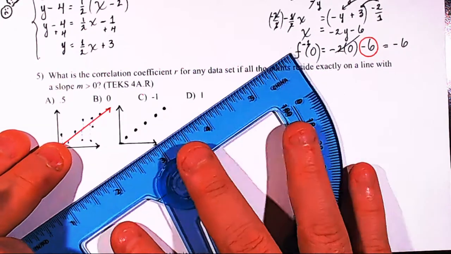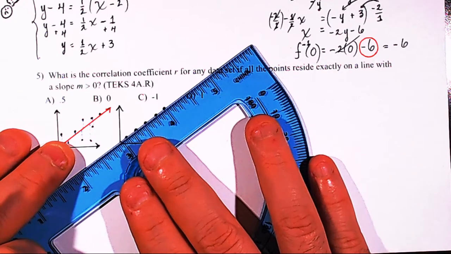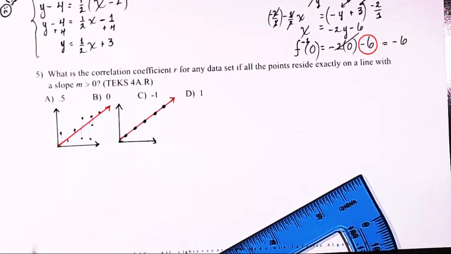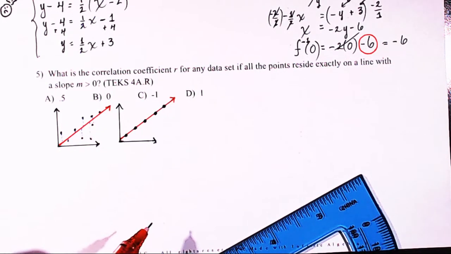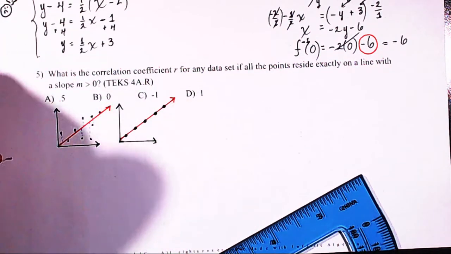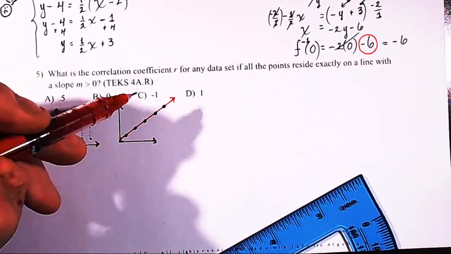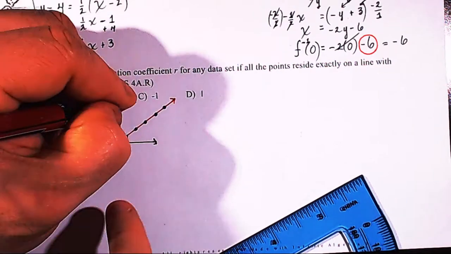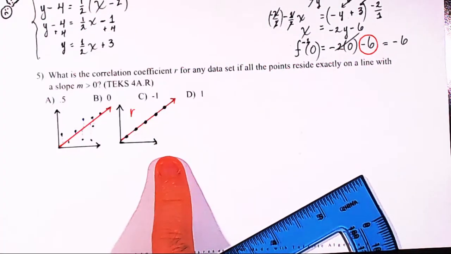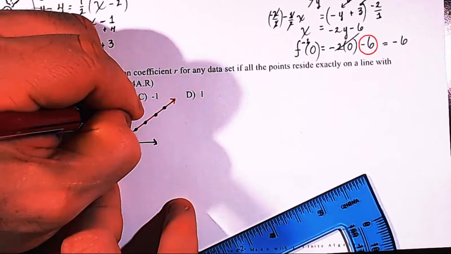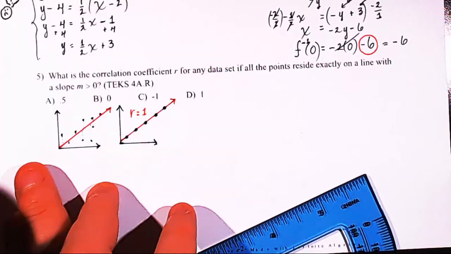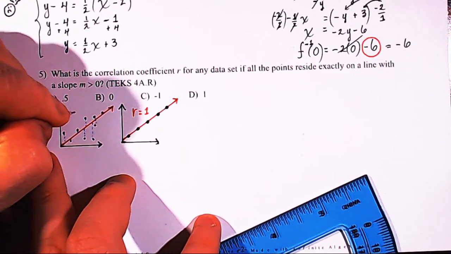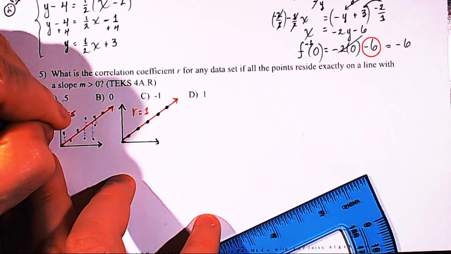Now, if I were to put a straight edge on that and draw a straight line, do you see how all the points are on the red line? So in that case, the deviation from the red line is 0. So the correlation coefficient for this positive sloping line would be 1. And the correlation coefficient is given by the letter R. So R exactly equals 1. Over here with the one we drew first, R would be less than 1.